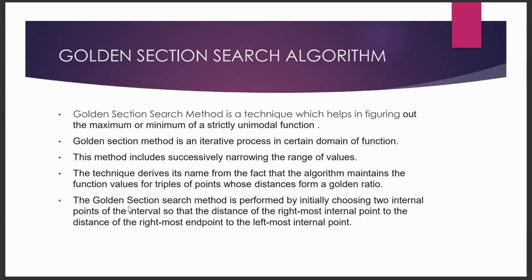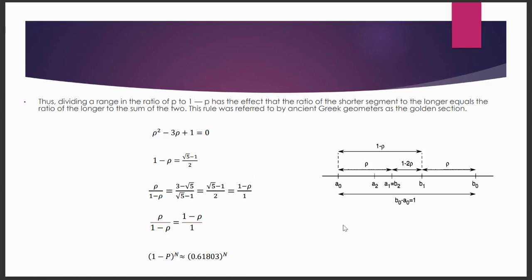Final point, the golden section search method is performed by initially choosing two interior points of the interval, so that the ratio of the distance of the rightmost endpoint to the leftmost internal point is the same. So dividing a range in the ratio of p to 1 minus p has the effect that the ratio of the shorter segment to the longer equals the ratio of the longer to the sum of the two. This rule was referred to by an ancient Greek geometer as the golden section.